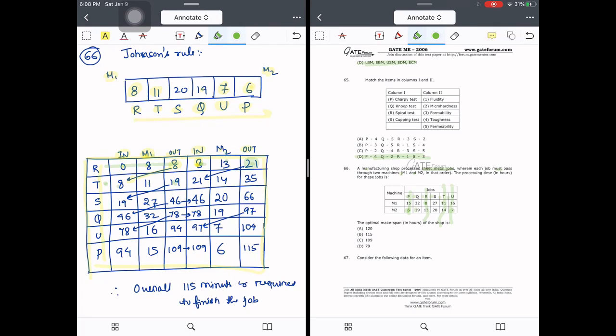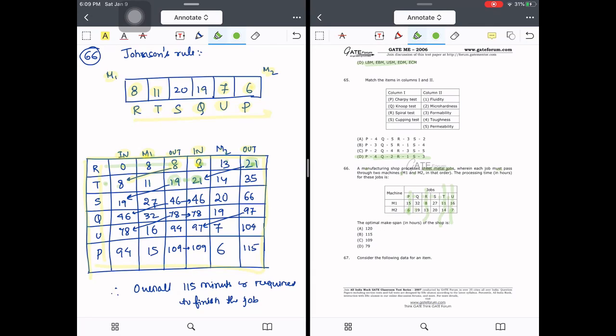Now in the meantime, machine 2 took the job at the 8th hour, and it takes 13 hours to complete. That means by the 21st hour it is not free. Machine 1 has already given the job T at the 19th hour, but there will be a 2 hour delay in this period.